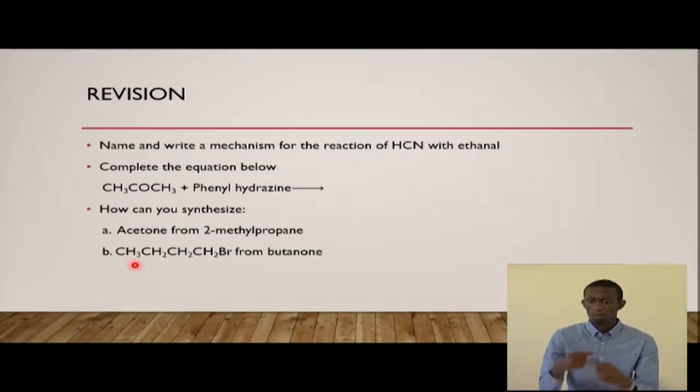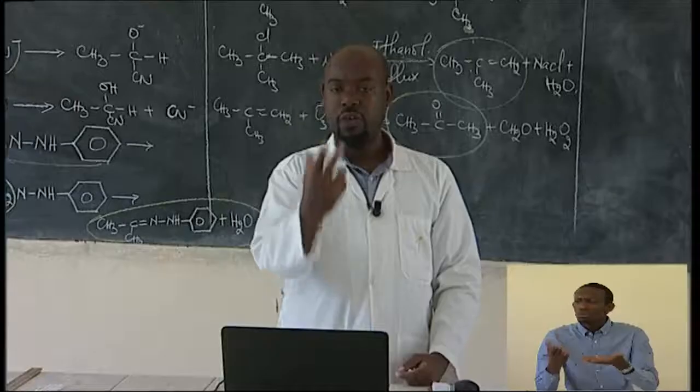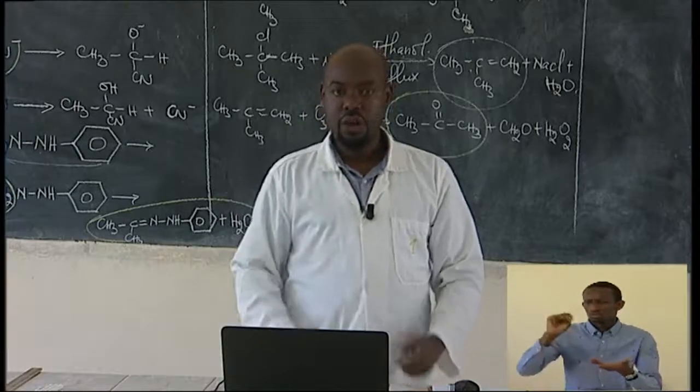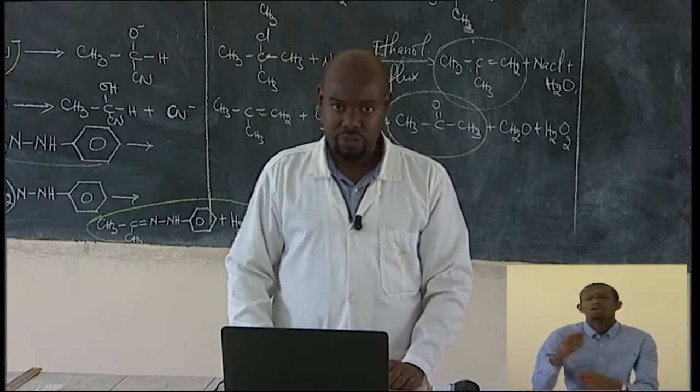But before that, how do we transform butanol so that we can introduce the bromine atom in the chain? So we have to reduce it. Reduction of carbonyl compounds. From the reduction, we will get an alcohol.